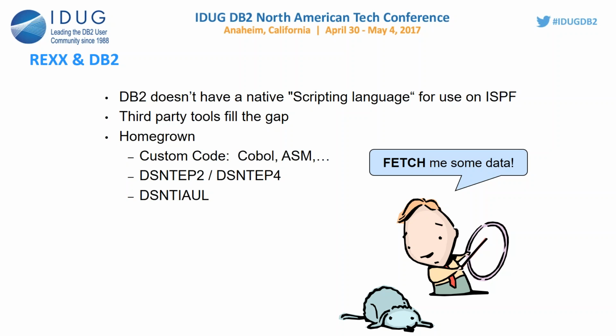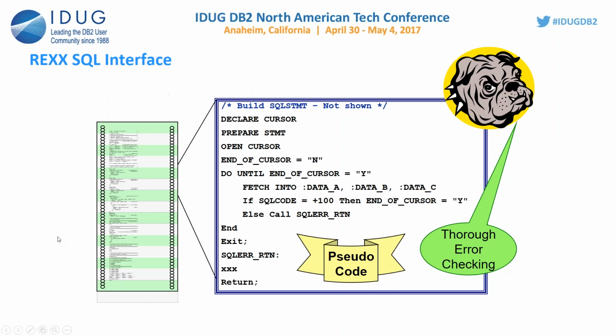We home grow things. And if you're going to grow things on your own, you can use the tools that DB2 gives you, like DSNTEP2, DSNTEP4 now, DSNTIAUL, which unloads data. You can write things in COBOL or assembler or whatever your favorite mainframe development platform is. Or, REXX is an easy way to quickly develop things that you might use.